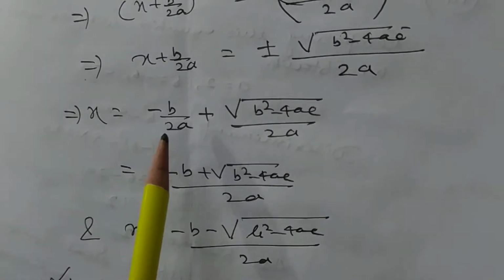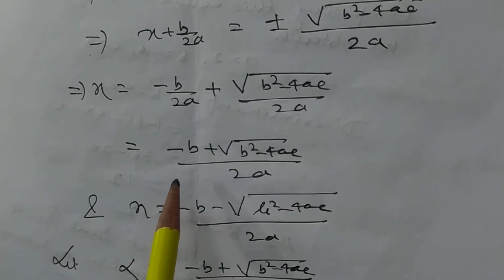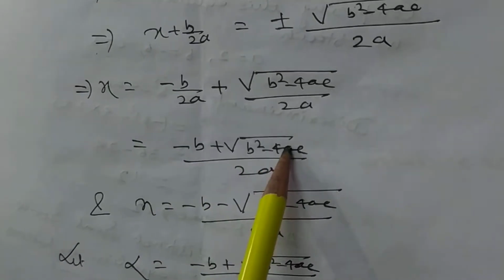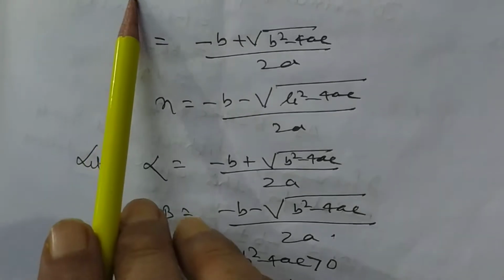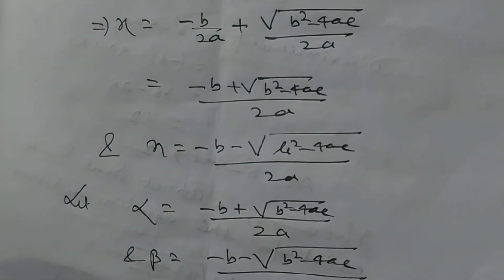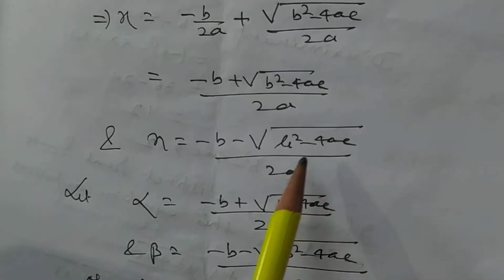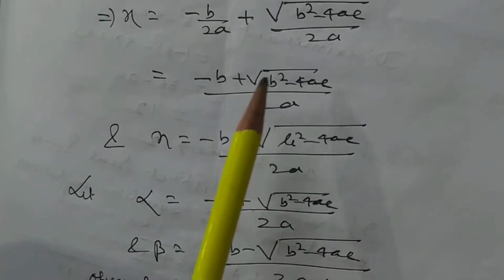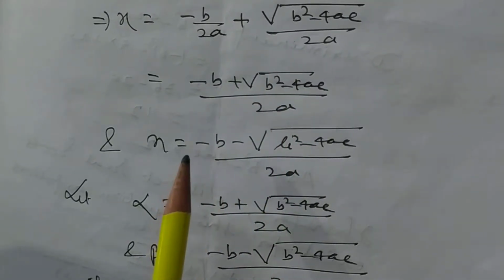And this implies x is equal to minus b by 2a plus minus root over b square minus 4ac by 2a. So my dear students, we get two values of x. One is minus b minus root over b square minus 4ac by 2a. Another is minus b plus root over b square minus 4ac by 2a.